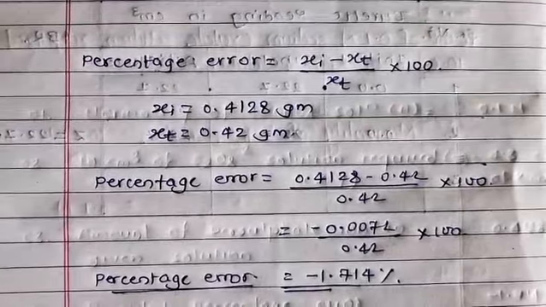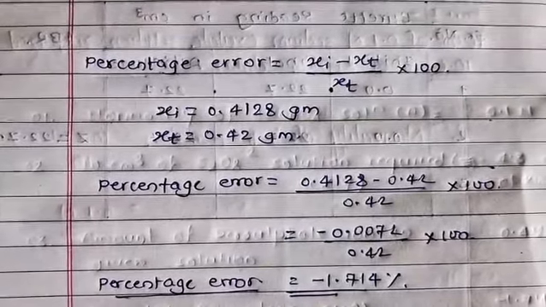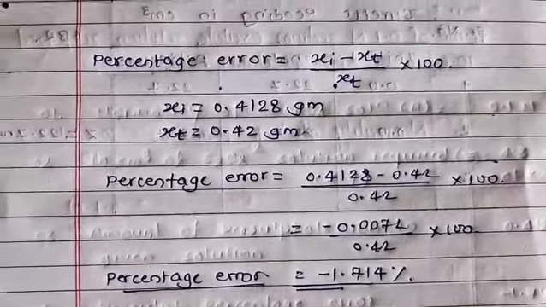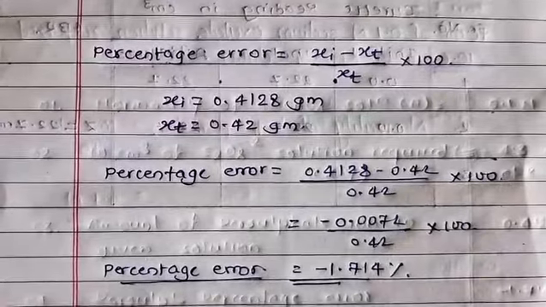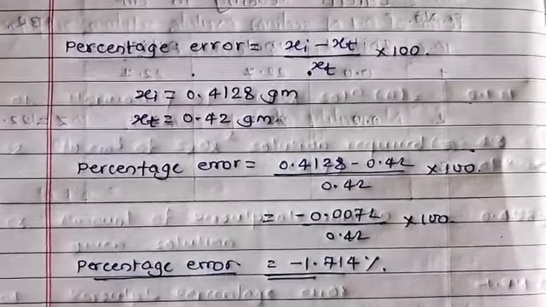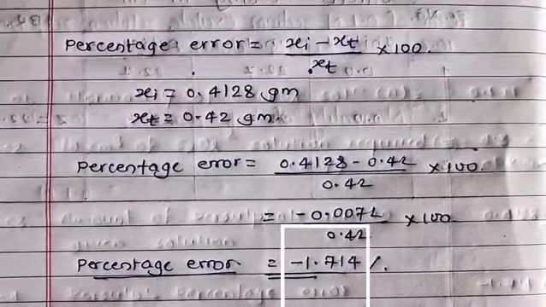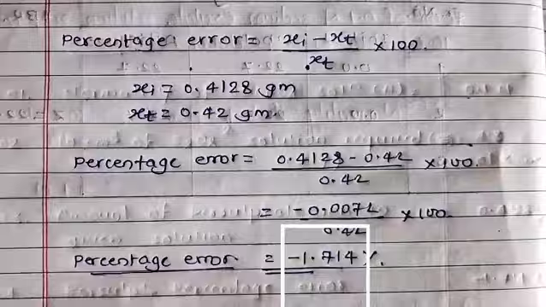Let's calculate percentage error. The observed value of persulphate ion in the given solution is 0.4128 gram and the expected amount is 0.42 gram, and therefore the percentage error for this sample solution is observed to be minus 1.714%.